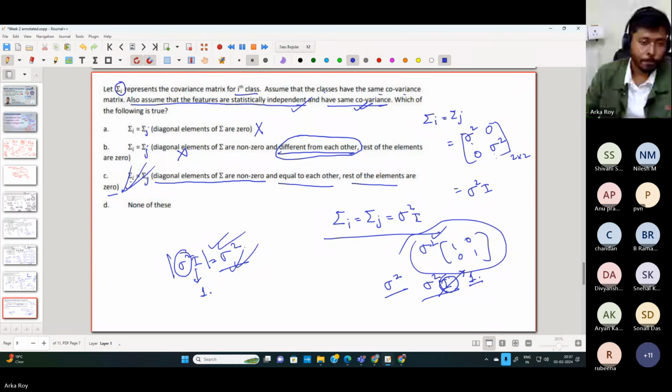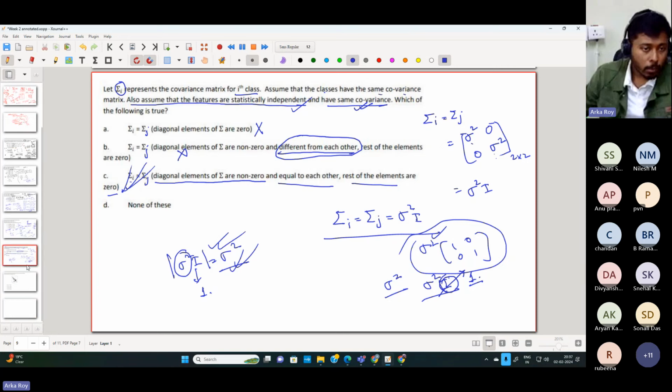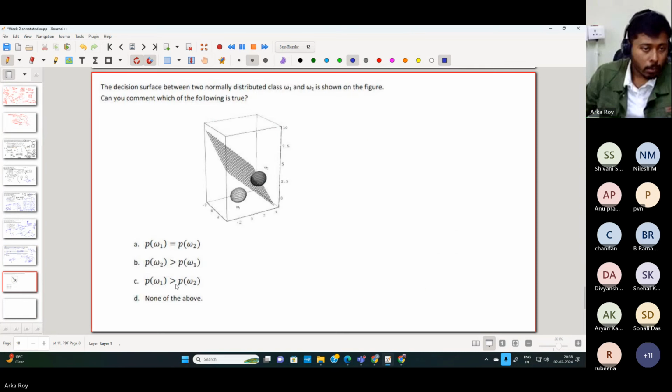Okay, sir. So this is another question. You have a decision surface for two normally distributed classes, omega 1 and omega 2, shown in the figure.